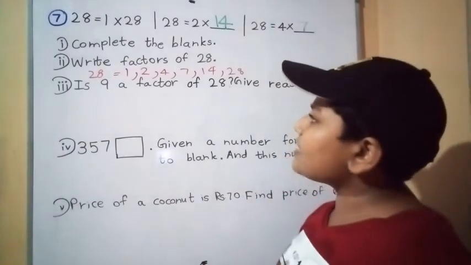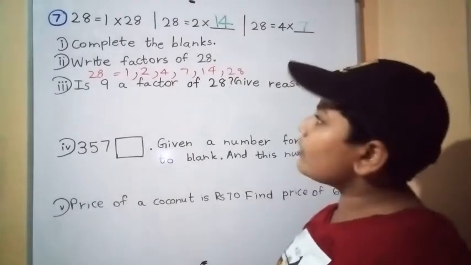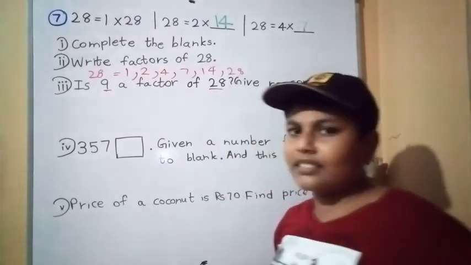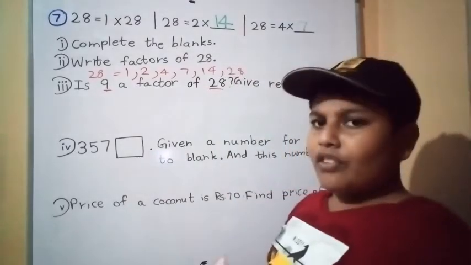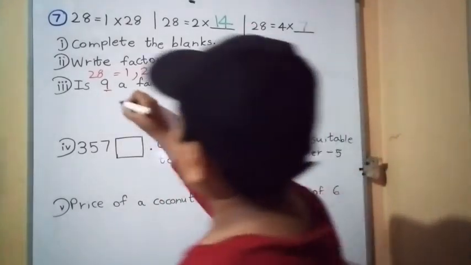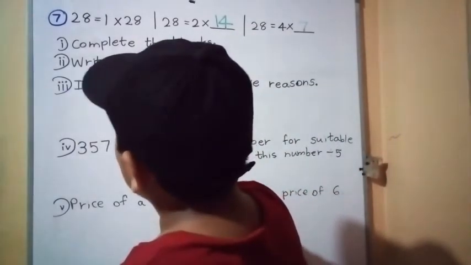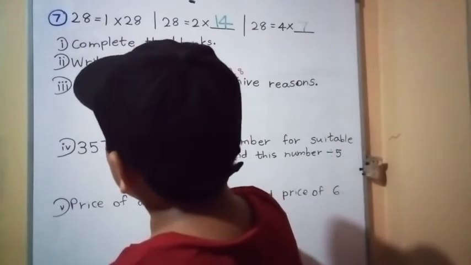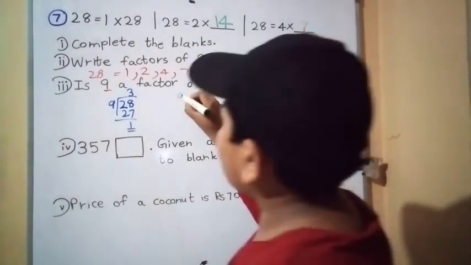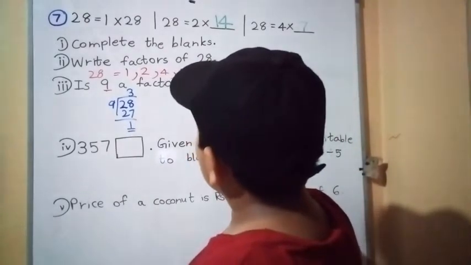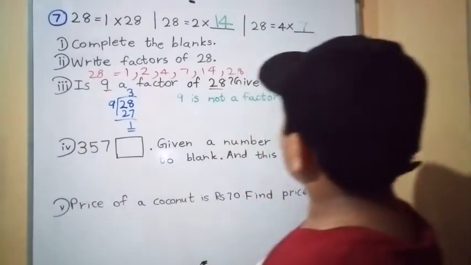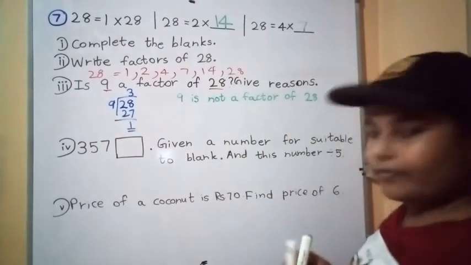Third one: is 9 a factor of 28? Give reasons. What we want to do is firstly divide 28 by 9. Now you have the answer 3, 27, 1 remaining. Now 9 is not a factor of 28.